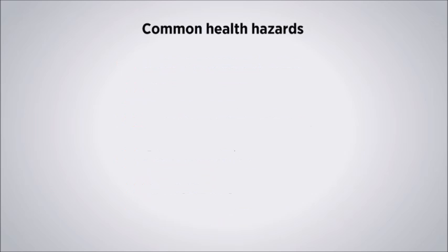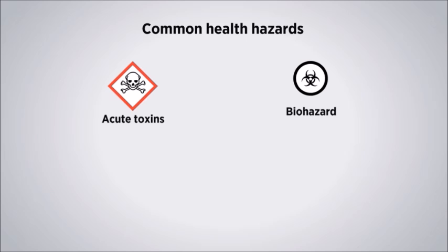Common health hazards include acute toxins, which cause death or harm quickly when inhaled, ingested, or in contact with your skin. Biohazardous infectious materials like viruses, parasites, blood, or other bodily fluids. Corrosives, like those that can cause severe skin or bodily organ damage.